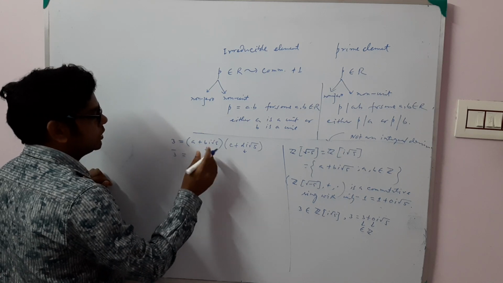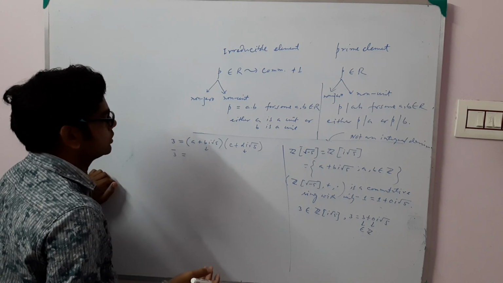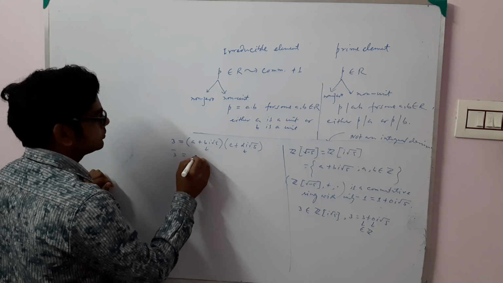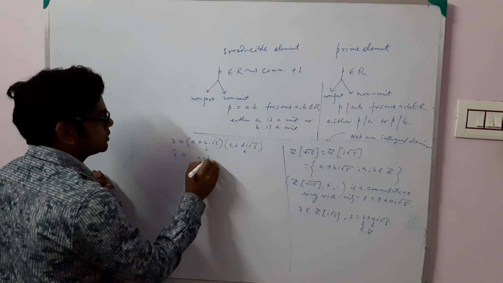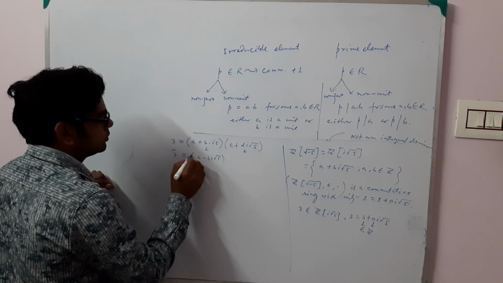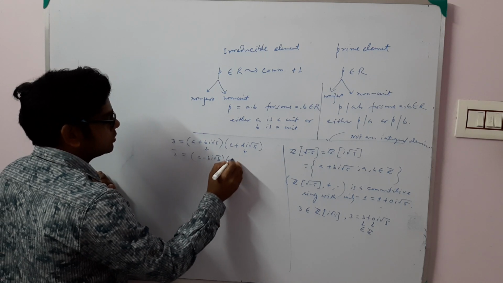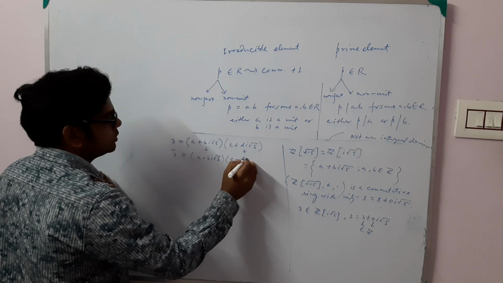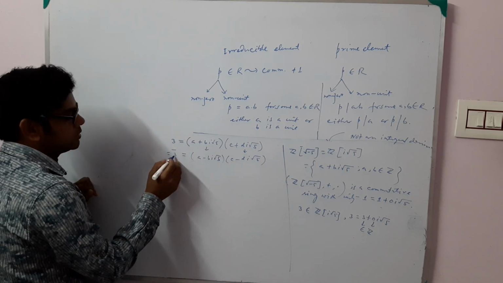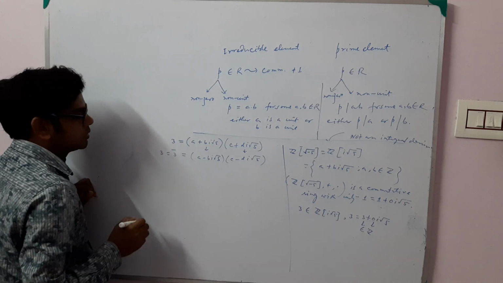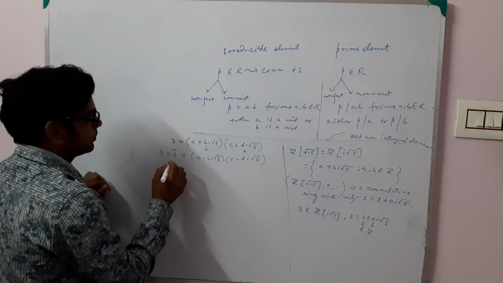By the definition of conjugation of a complex number, its conjugate will be a minus bi root 5. Its conjugate will be c minus di root 5. Because 3 is purely real, its conjugate will be itself, 3.